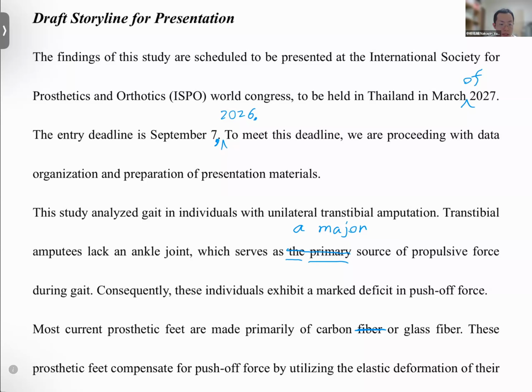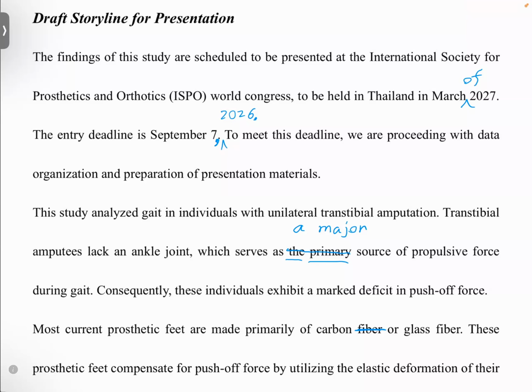The entry deadline is September 7, 2026. To meet this deadline, we are proceeding with data organization and preparation of presentation materials.